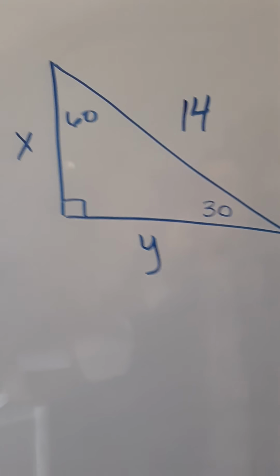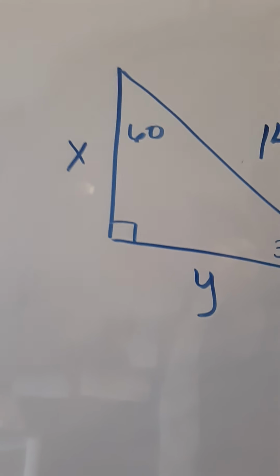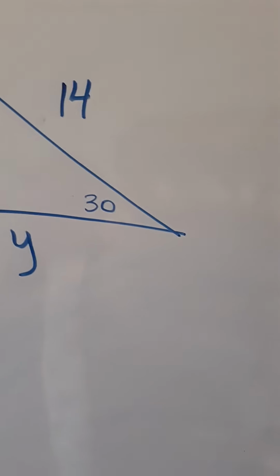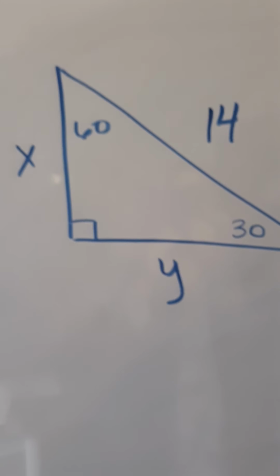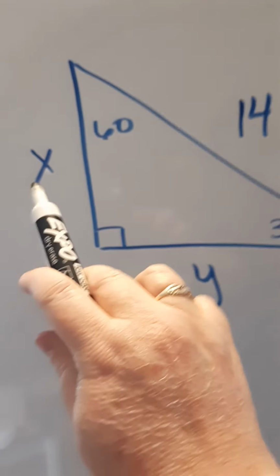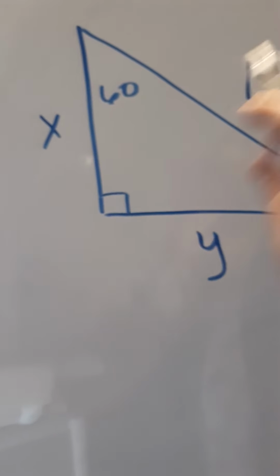All right, so here's our 30-60-90 triangle. We have to go back to our rules. We know the hypotenuse is 14, so we know that's twice whatever the x side is, the side opposite the 30. So if this is 14 and that's twice this, then this is 7.